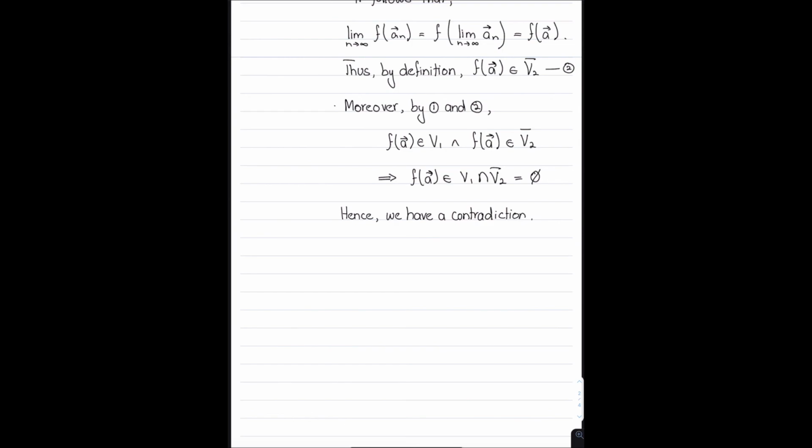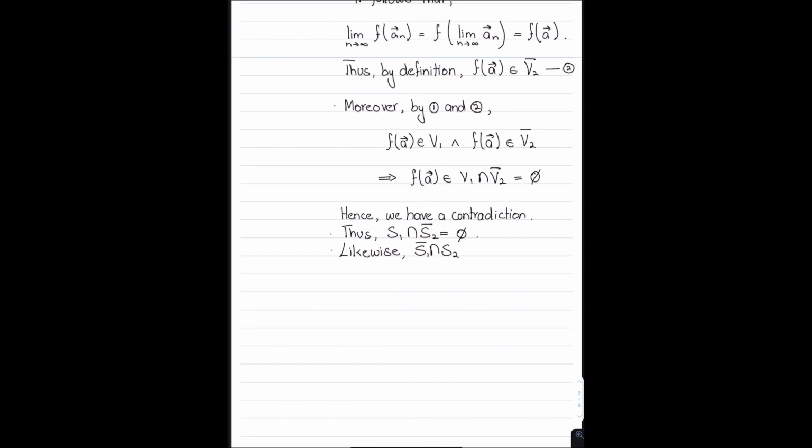Thus, S1 intersection with the closure of S2 is equal to the empty set. And then I can say likewise, the case is very similar. If you want to be completely rigorous and prove that the closure of S1 intersection with S2 is the empty set, you can do that.